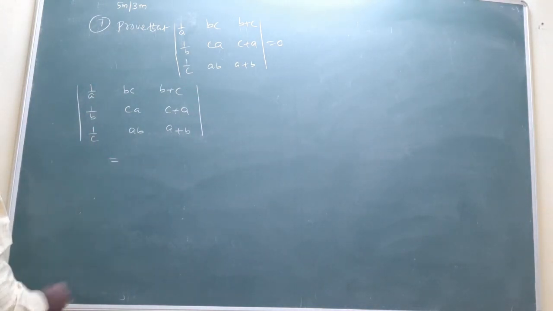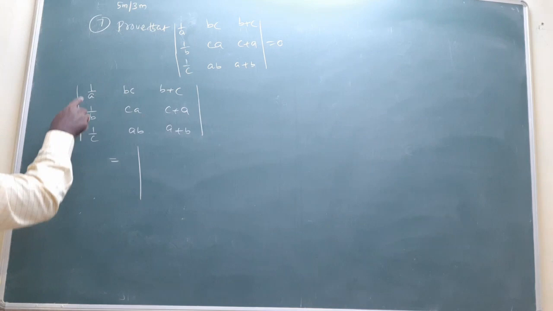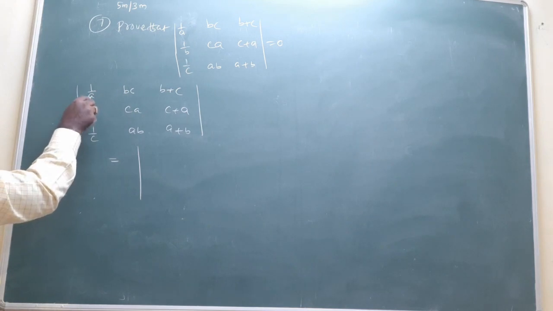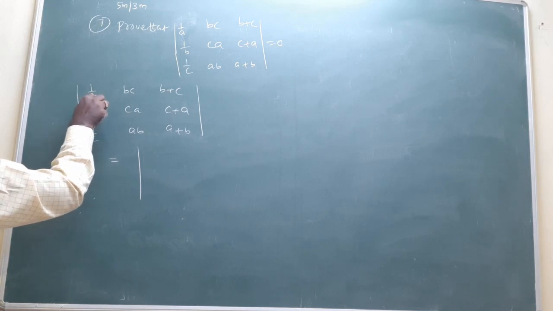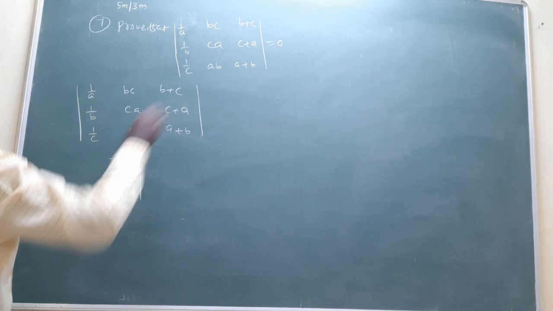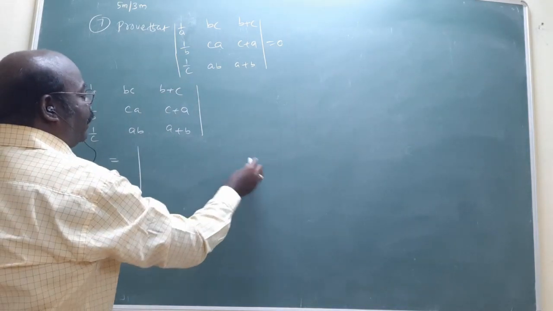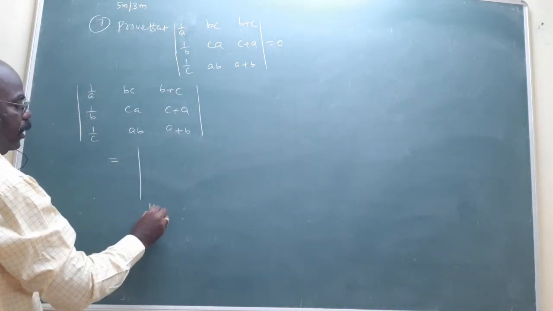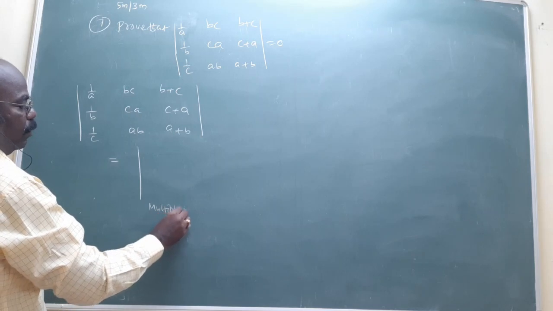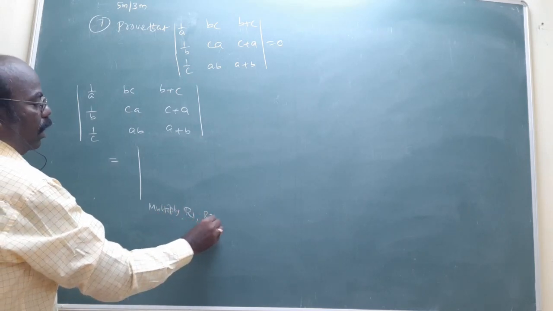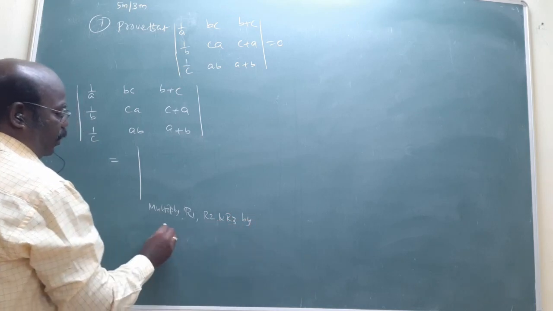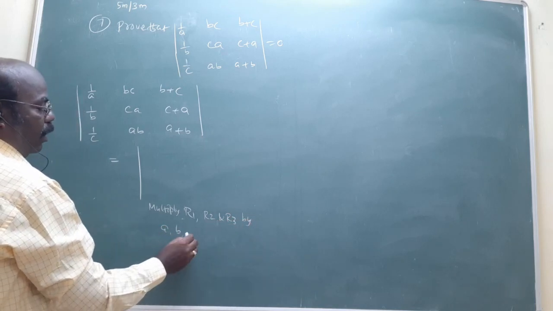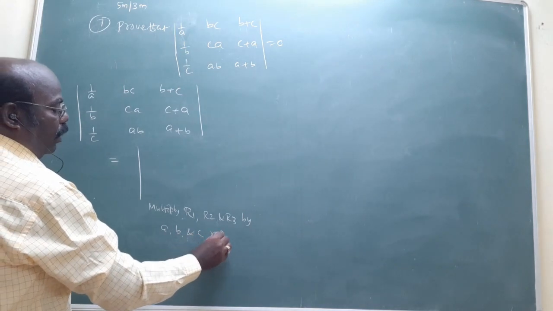Now, previous idea. Here, fraction is there. 1 by A, we don't have fraction. That's why here multiply B. Multiply means not only multiply A. Here multiply A. That's first row. That's why give the reason. Previous idea. What is the reason? Multiply R1, R2 and R3 by A, B, C respectively.